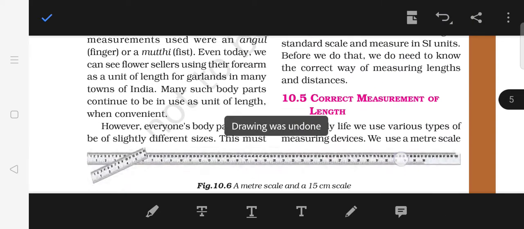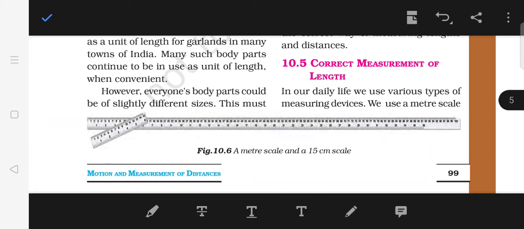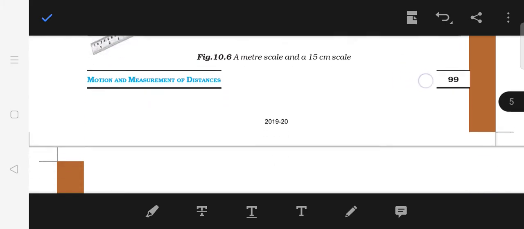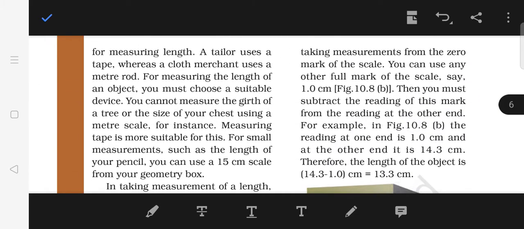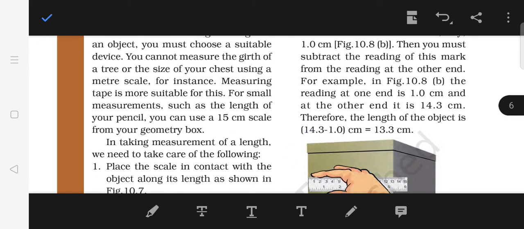Let us see now the correct measurement of length. Children, you are using different types of measuring devices every day, especially the meter scale in your school classes. A tailor uses tapes, whereas a cloth merchant uses a meter rod. So for measuring the length of an object, we must choose a suitable device.